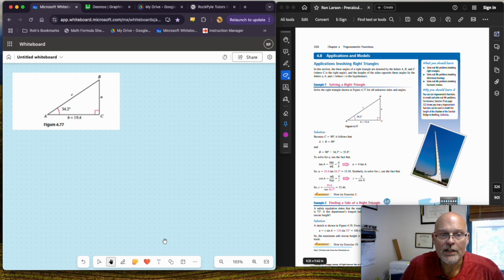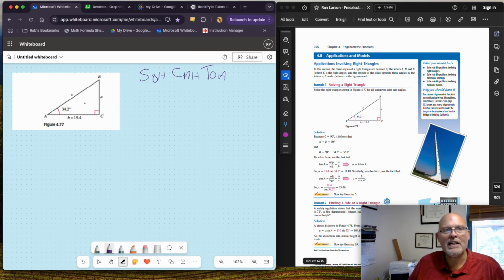The main thing we need to remember is that all the trig stuff comes back to SOHCAHTOA. Sine is the opposite over the hypotenuse. Cosine is adjacent over hypotenuse. And tangent is opposite over adjacent. Now, what does that all mean when you're looking at a triangle? If this is the angle, we're going to call that theta.